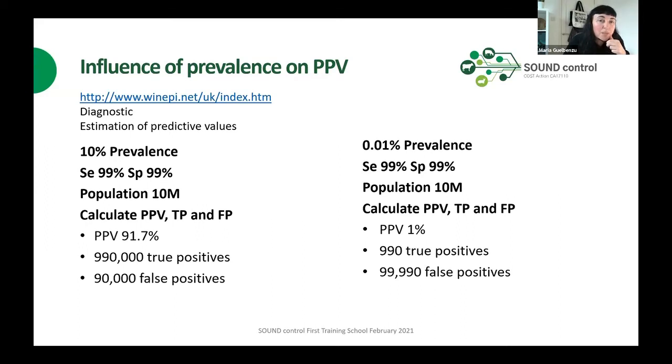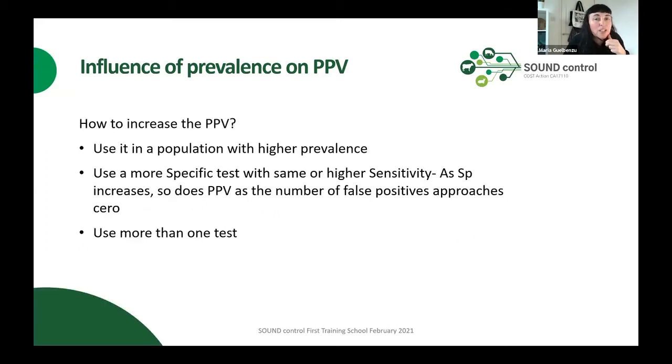So what can we do to increase the positive predictive value? In some cases, the test can be used in a population with higher prevalence. For example, in the UK, brucellosis testing used to be targeted at animals with an abortion, which would get several tests done at the same time.